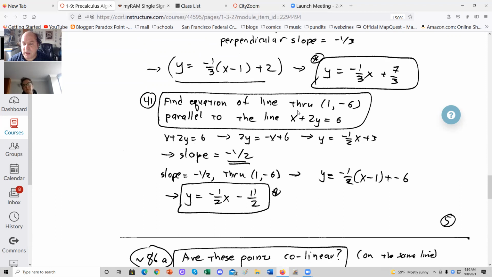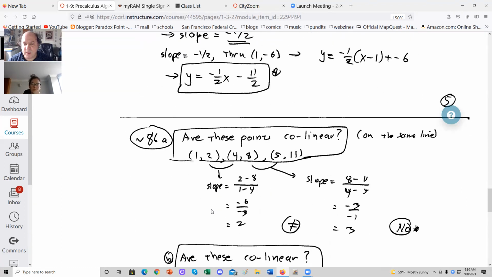So the slope of the second line is negative a half. And if you want parallel, this slope here also has to be negative a half. And it's through 1 by negative 6. So y equals negative a half, that's the slope, times x minus this one, plus this negative 6. And after some light algebra, this is y equals minus a half x minus 11 halves.